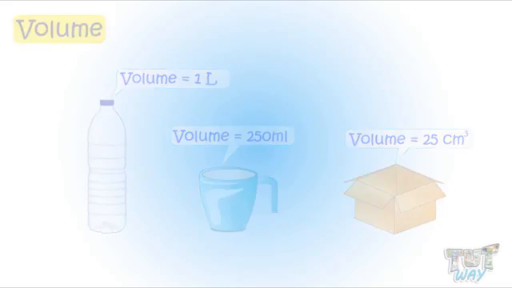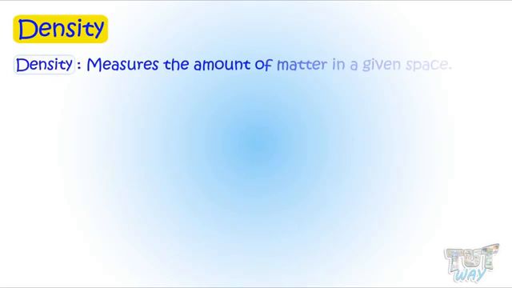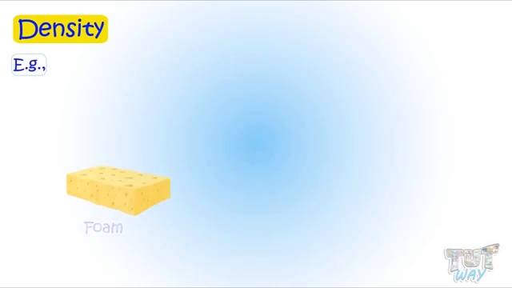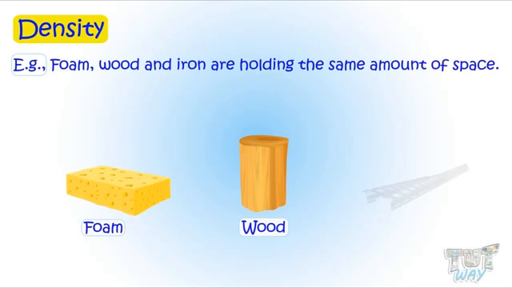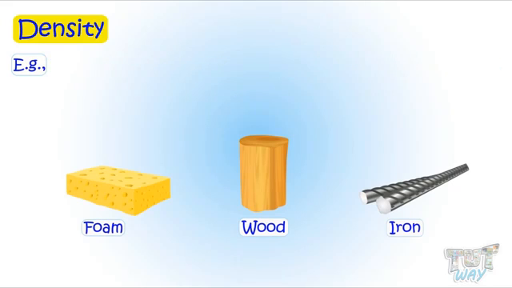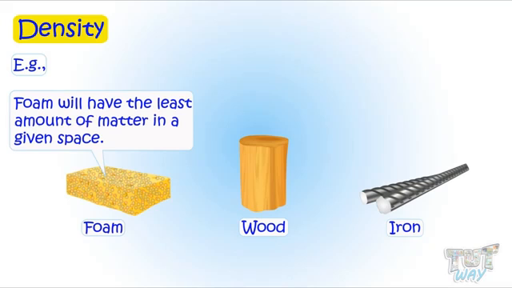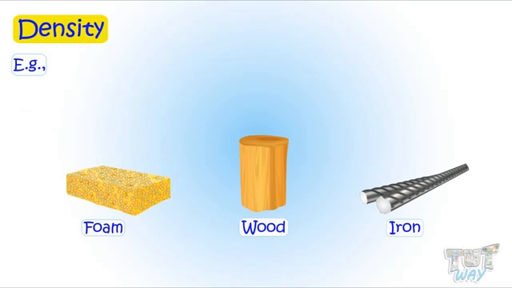Now, let's learn another property, and it is density. Density measures the amount of matter in a given space. Here is an example. Foam, wood, and iron are holding the same amount of space, but foam will have the least amount of matter in given space.